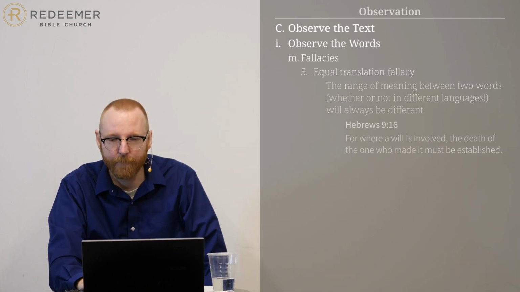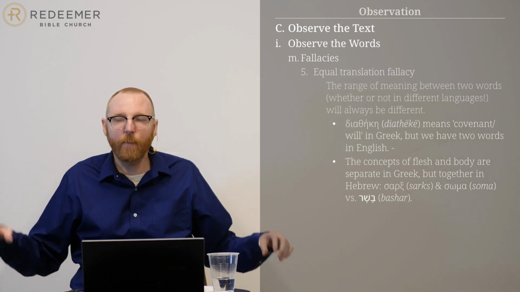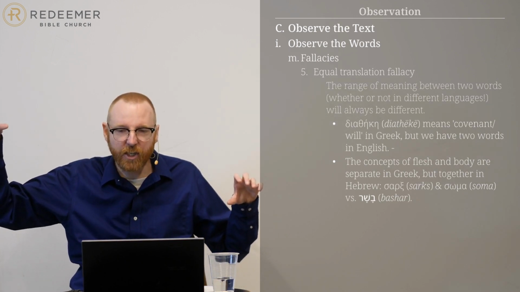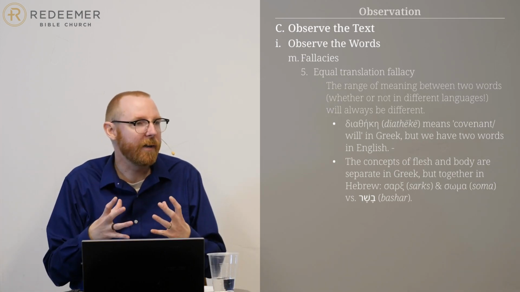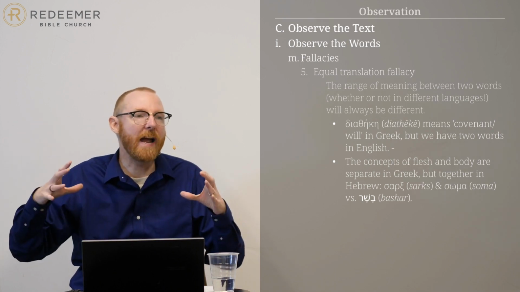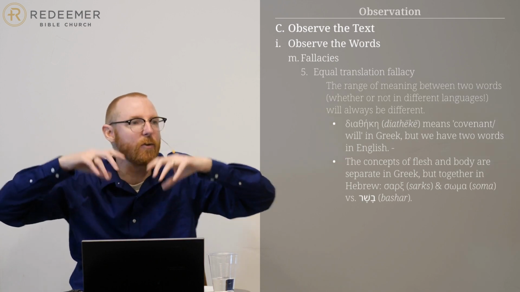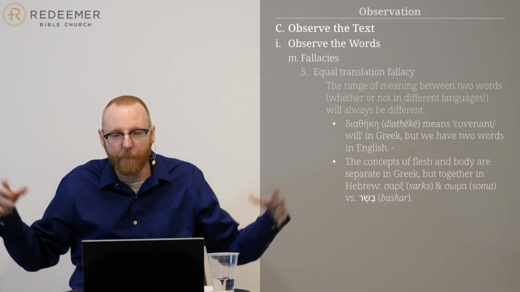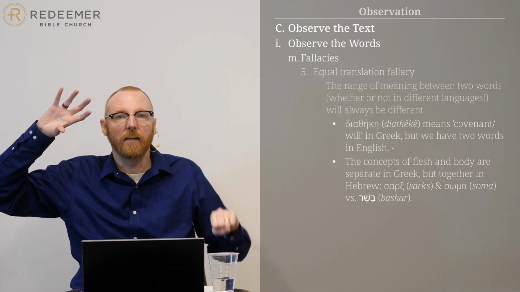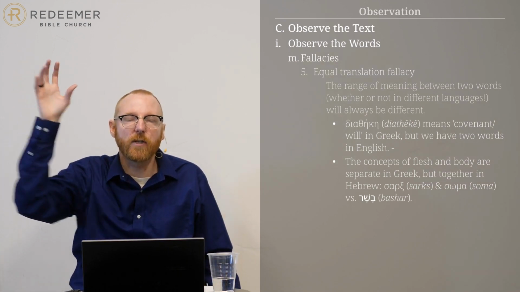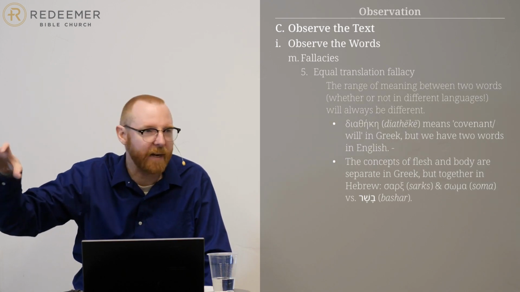Okay? But then it goes the other way around. In Greek, they have separate words for flesh and for body, but in Hebrew, it's one word. So once again, it could go either way. In one language there could be one, in another language it's two, or in one language it's two, in the other one it's one. Anyway, I'm not going to get into too many examples of that, but beware of thinking that just because this word is diatheke, it must always be translated covenant, or must always be translated will.